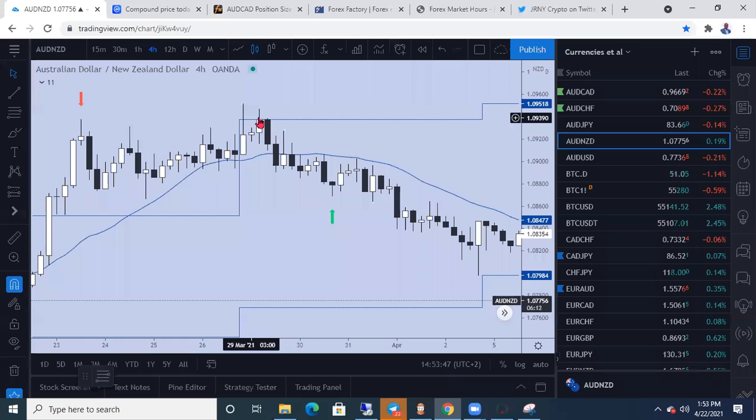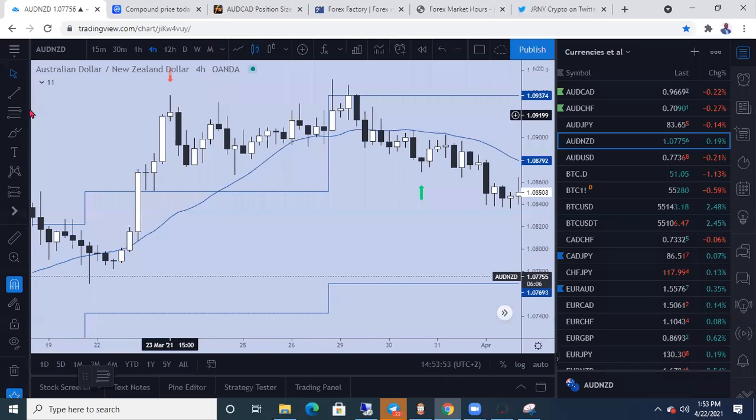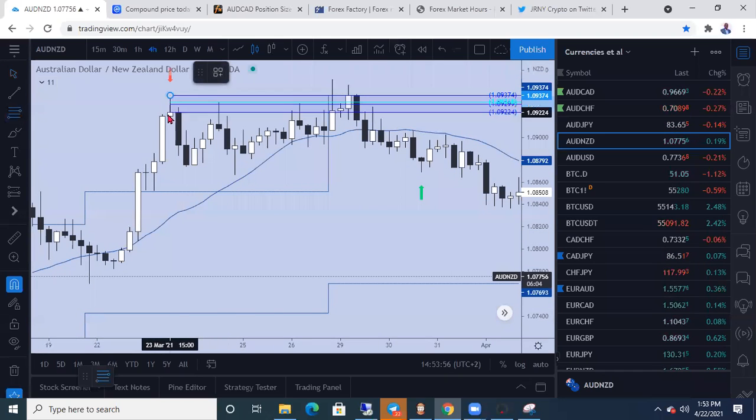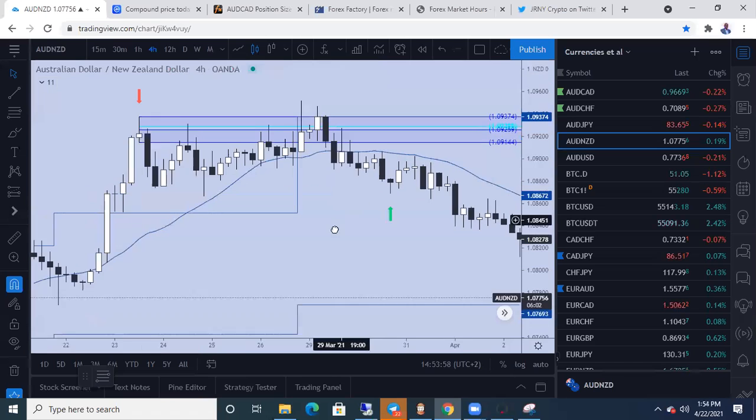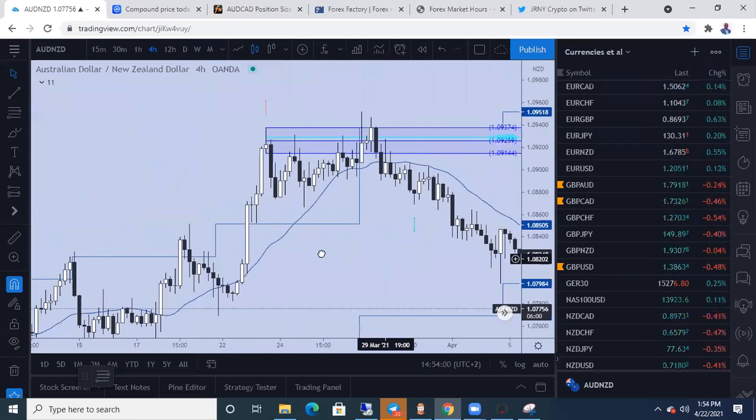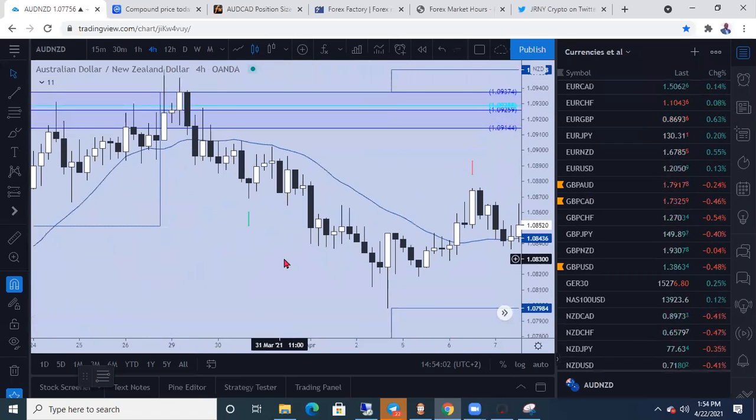Again, see this, the high of the previous week, price traded into it and coincides with the previous H4 prophetic candle, right? Coinciding with the previous H4 prophetic candle. So what could this have done for us?